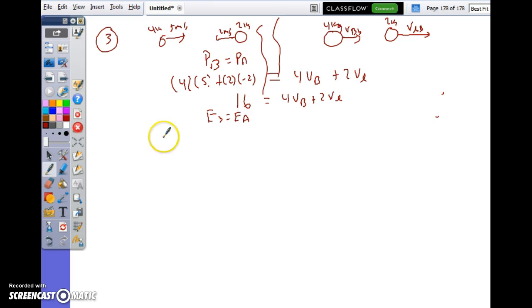Energy before is going to be kinetic energy of the first ball, which should be 1/2 times 4 times 5 squared, 1/2 mv squared, plus 1/2 mv squared equals 1/2 times 4 times VB squared plus 1/2 times 2 times VL squared. Little ball and big ball.